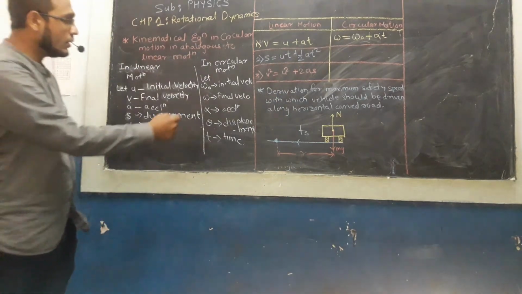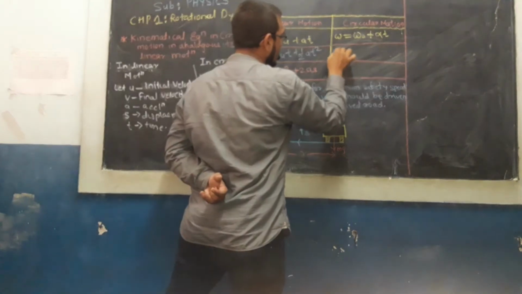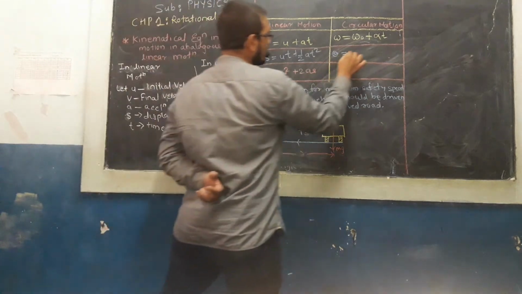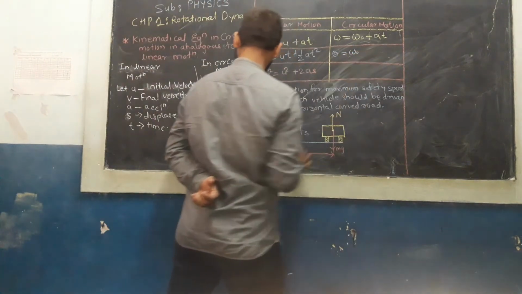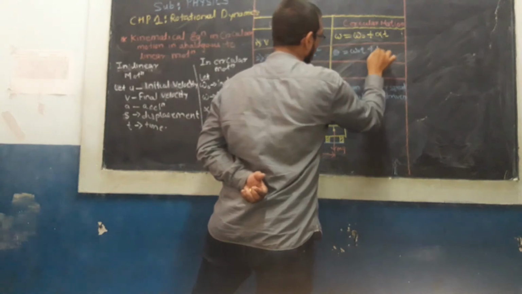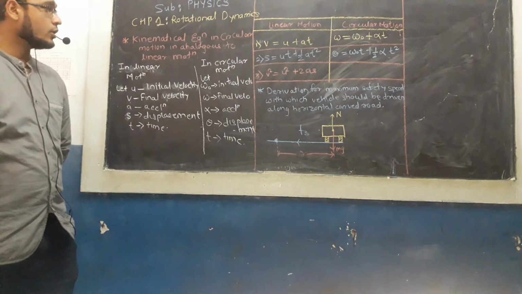Comparing here, displacement is theta, so theta equal to initial velocity, that is omega 0, into time t, plus half alpha t square. This is our second kinematical equation of circular motion.